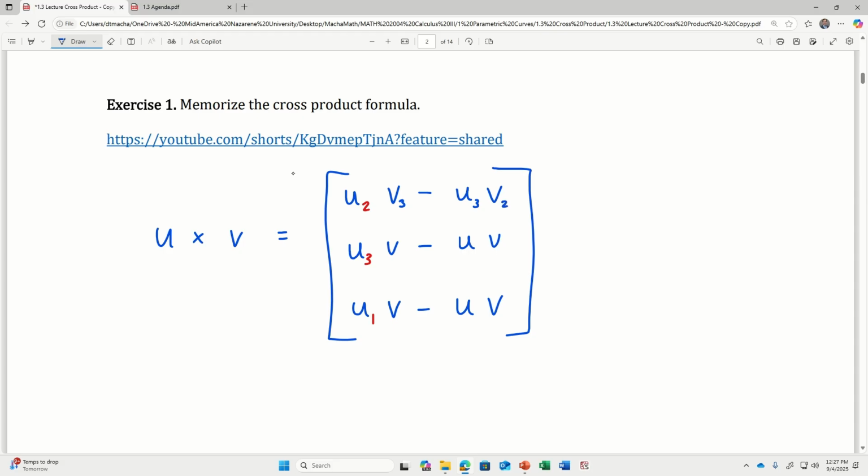Next entry, it's the second entry, so I'm going to avoid the subscript 2. Instead, I'm going to write 3, 1, and then reverse the order, 1, 3. And then last entry, I can't use the number 3, so I use 1, 2, and then reverse it, 2, 1. That's how I remember the cross product formula. And you can too.